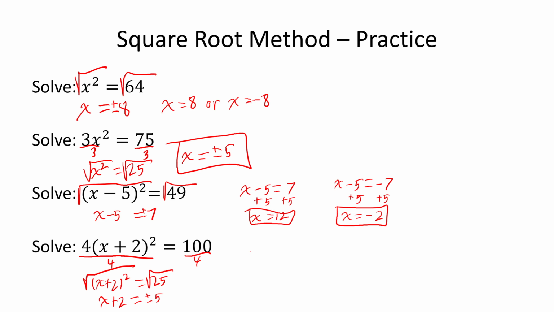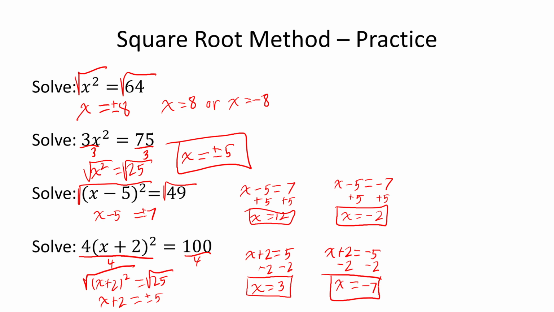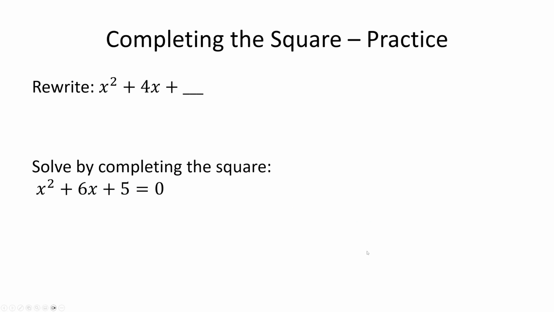So once again, we have to set up our two equations. x plus 2 is equal to a positive 5, or x plus 2 is equal to a negative 5, right? Subtract 2, subtract 2. That gives me x equals 3. Subtract 2, subtract 2. And that gives me x equals negative 7. And there's your two answers to that one. That's your square root method.